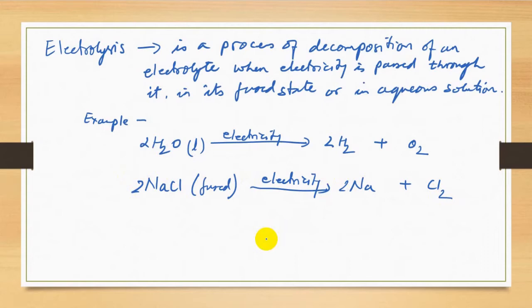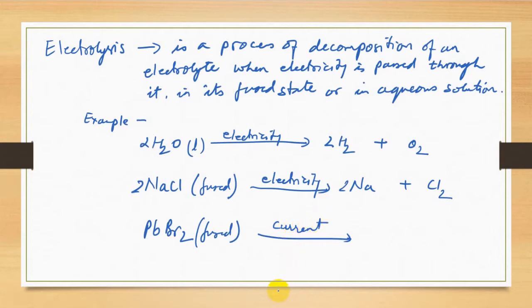You can take any substance. This decomposition will take place if ions are formed, so we'll see the formation of ions also. But if I had taken PbBr2, lead bromide, this also fused or molten. You are passing electricity. You can also write down current, it is the same thing.